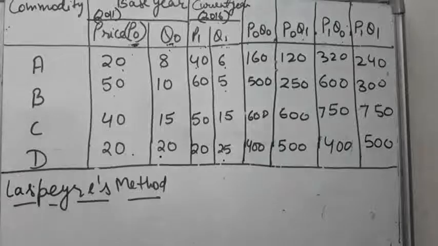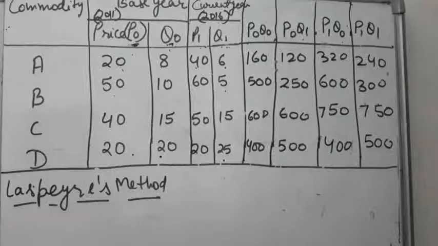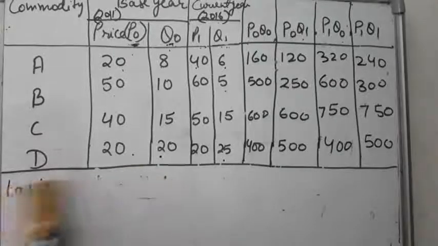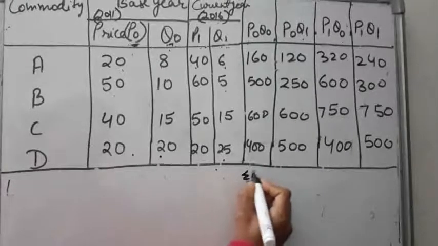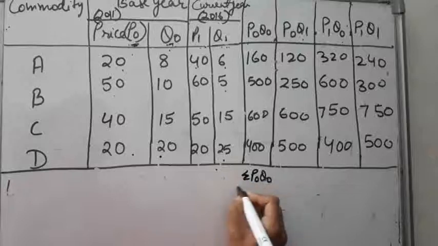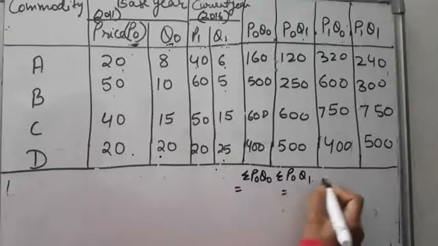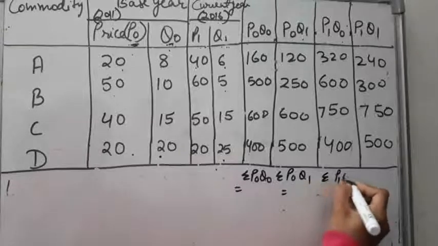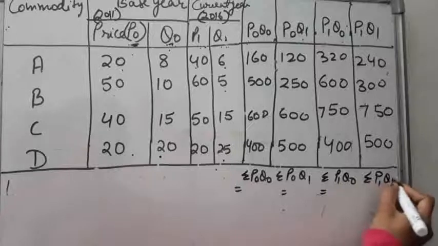Now we will find out the summation of all of this. Summation is required here in the formula. So we will find out the summations: summation of P0 Q0, summation of P0 Q1, summation of P1 Q0 and summation of P1 Q1.